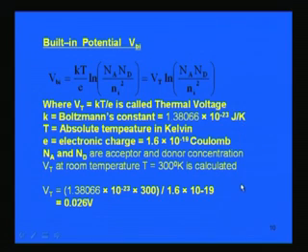Now if we consider room temperature, that is 300 Kelvin, which is generally done, all calculations are typically done at room temperature unless mentioned otherwise. So Vt can be calculated using these constants, the electronic charge 1.6 into 10 to the power minus 19 and the Boltzmann constant. It gives a voltage of 0.026 volt at room temperature.